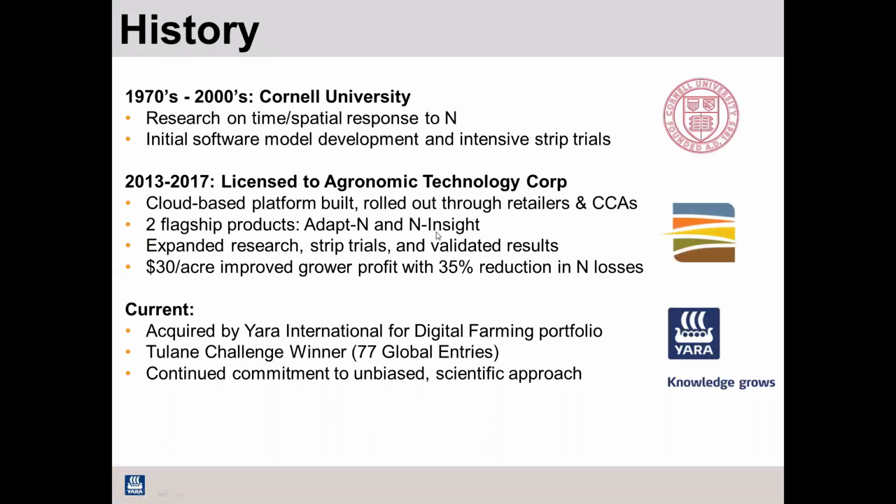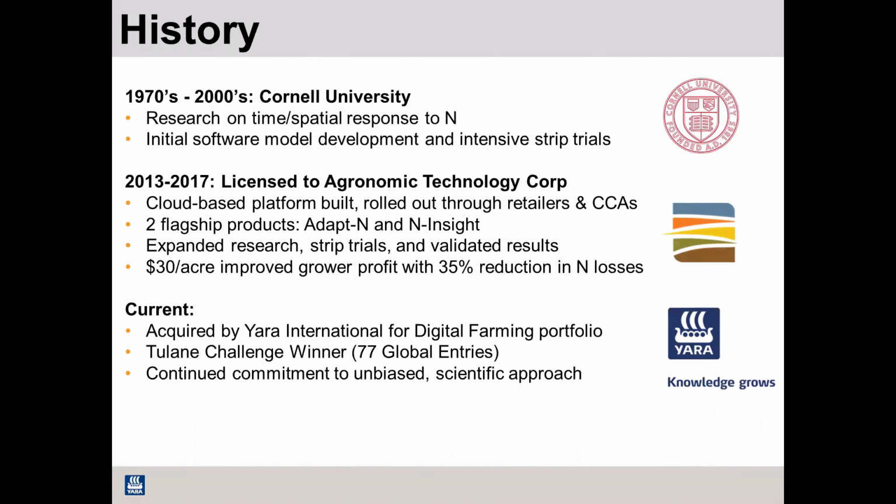So in getting a start on our discussion this morning, it's really important for our users, our agronomist users, to understand the history behind this tool, because it's one of the things that really sets AdaptN apart in the business, in the industry. So AdaptN really started back in the 70s at Cornell University out east.